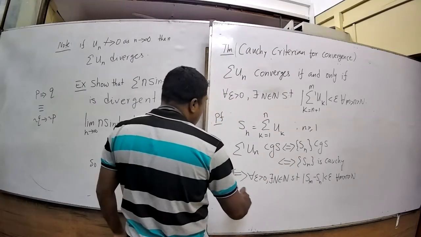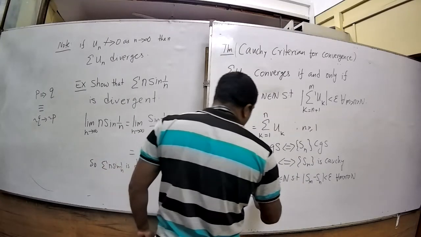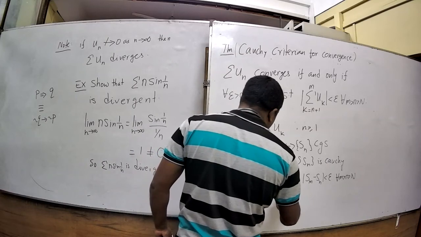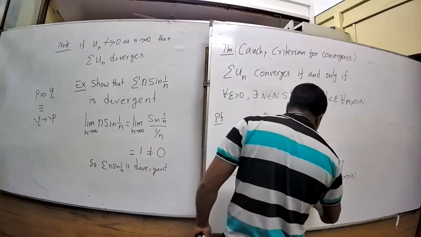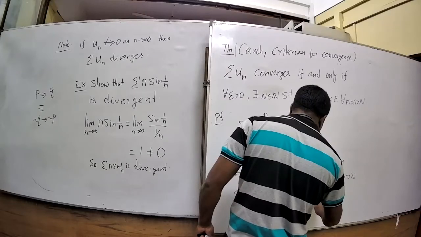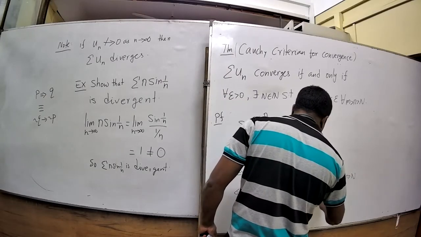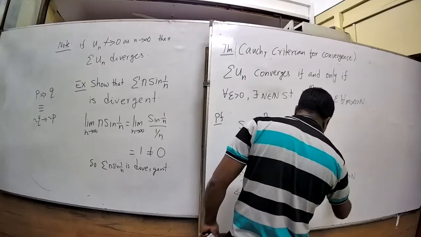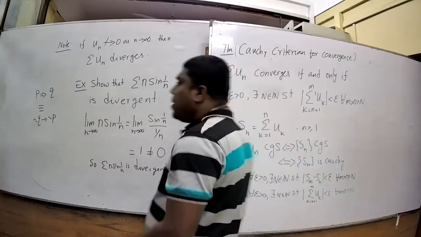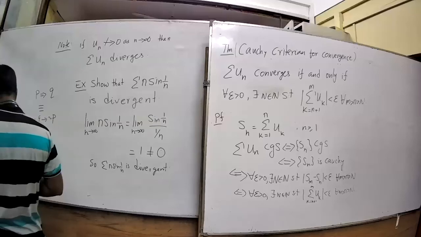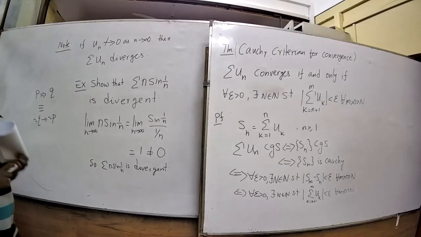Okay, S_m minus S_n is this. So that is how we prove the Cauchy criterion for convergence.